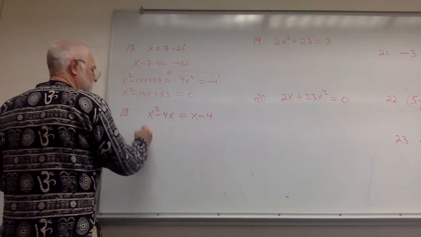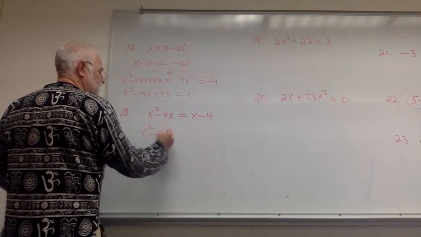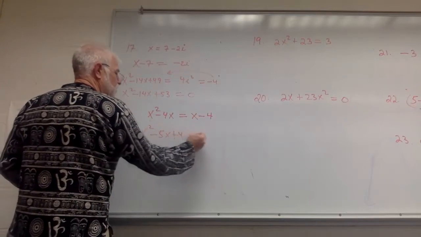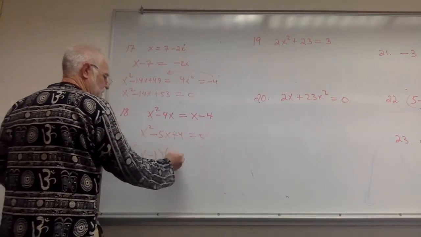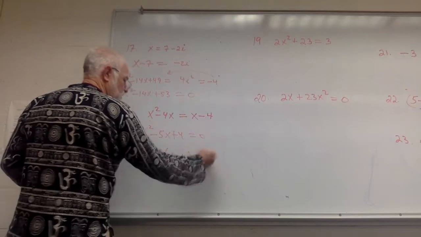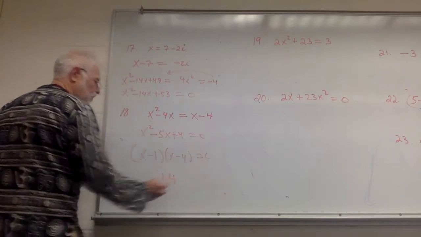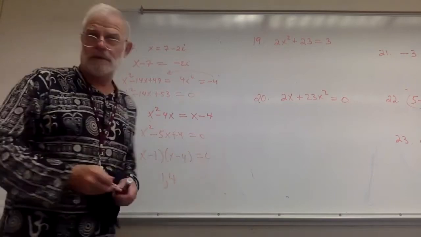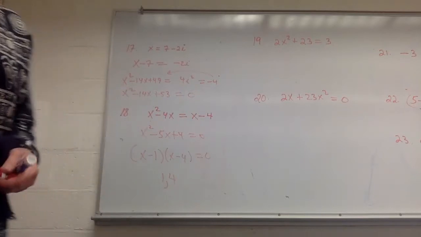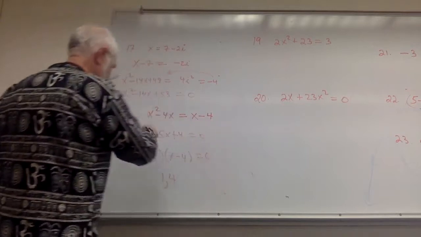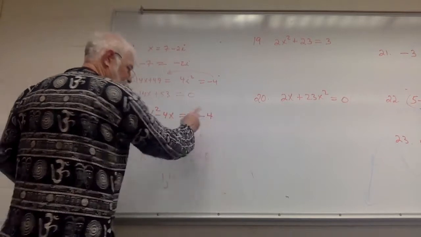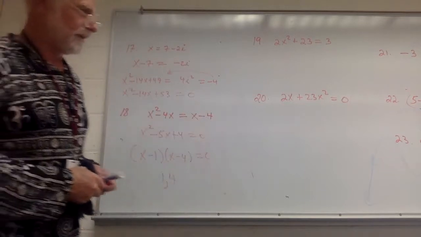This one here is x squared minus 5x plus 4 equals 0. Oh, that's a nice one. X minus 1, x minus 4 equals 0. Looks like 1 and 4 are roots to that equation. Whereas it's not roots to an equation. It's where this parabola intersects that line. Yeah, I said it right finally.